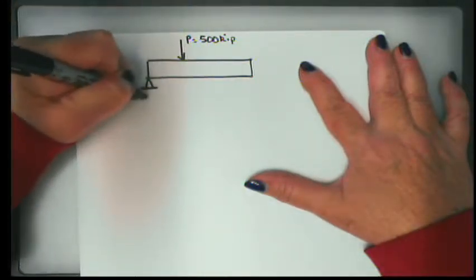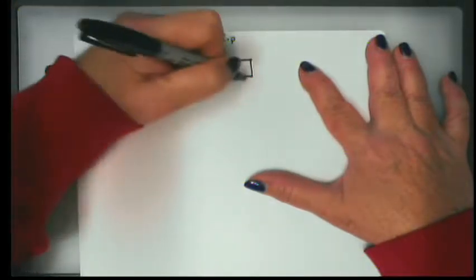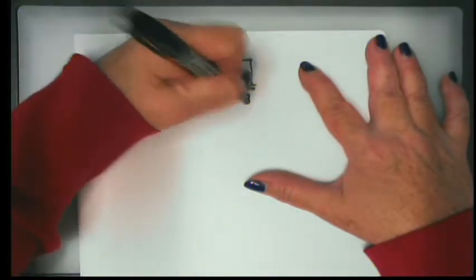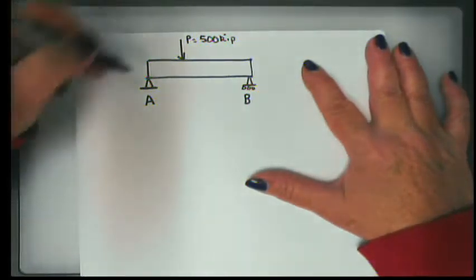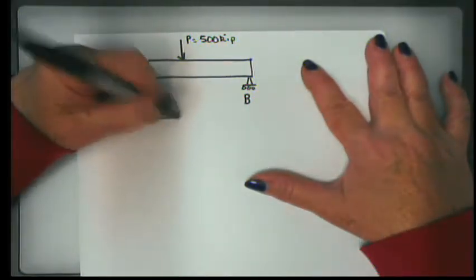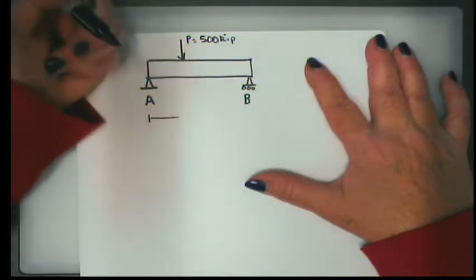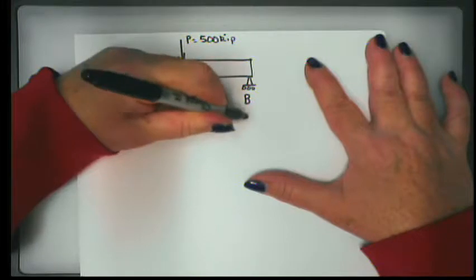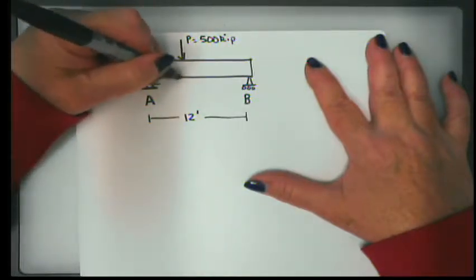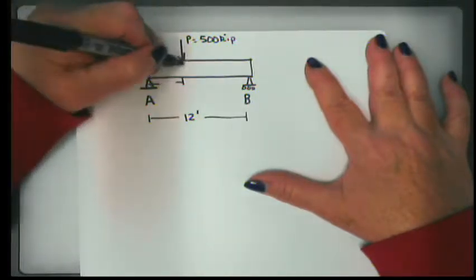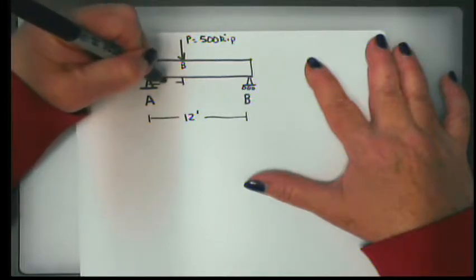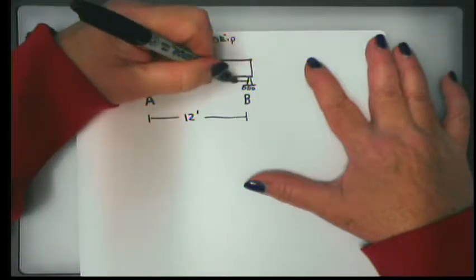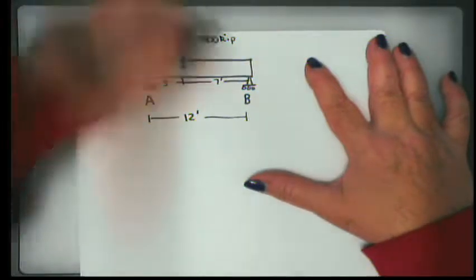I have a reaction at A, a fixed support at A, a rolling support at B. The length of this beam is 12 feet long, and the distance from A to P, or to capital B, is 5 feet. So what does that mean this other distance has to be? 7. Good job, 7 feet.